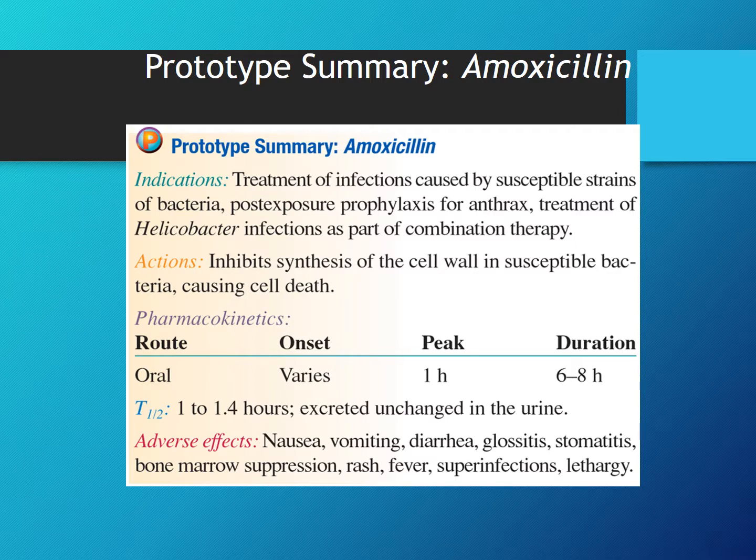And so they're going to affect the cell wall, causing cell death. Amoxicillin is typically oral, half-life of 1 to 1.4 hours, excreted unchanged in the urine. And here are our adverse effects: nausea, vomiting, diarrhea, so GI effects particularly. It can cause infection and irritation in the mouth, as well as bone marrow suppression, superinfections, rashes, fever, and lethargy.